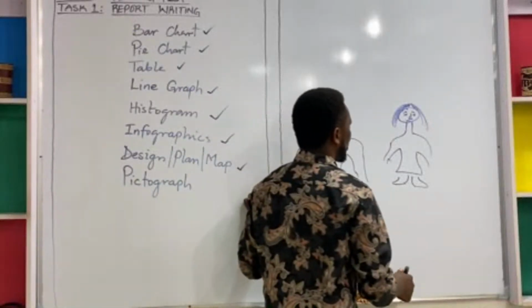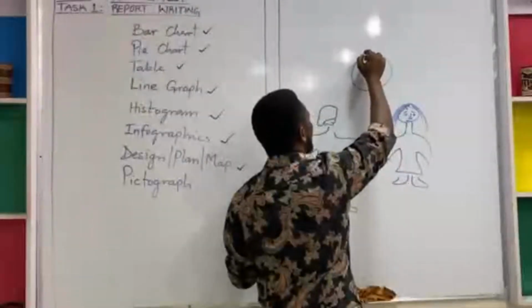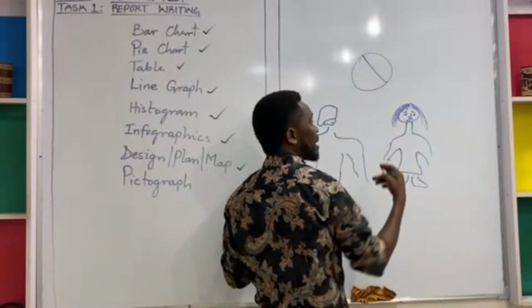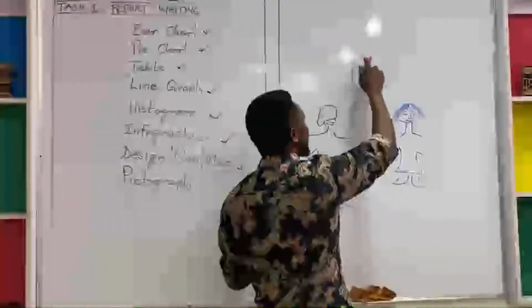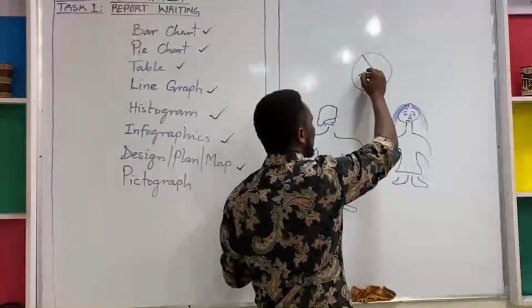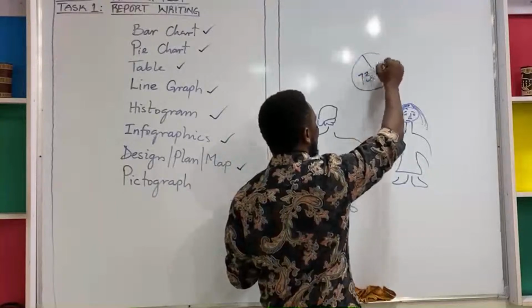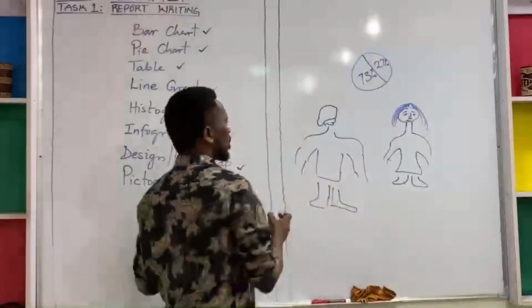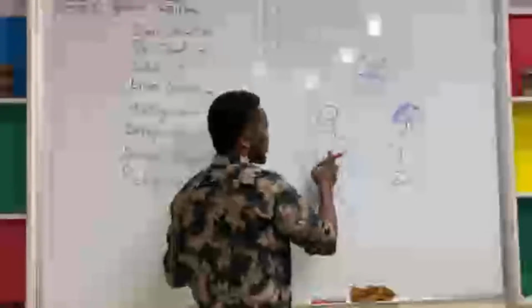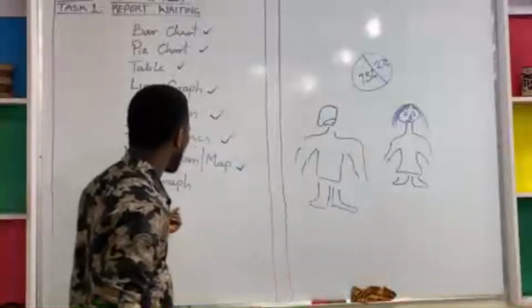Now, when this is given, a pie to talk about something like male, maybe perhaps 70%, the female is 27%. Employment rate of males, employment rate of females. So they keep giving you all of those.